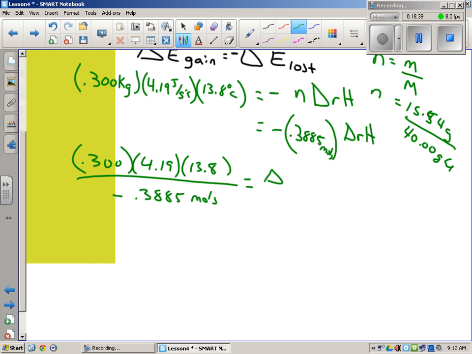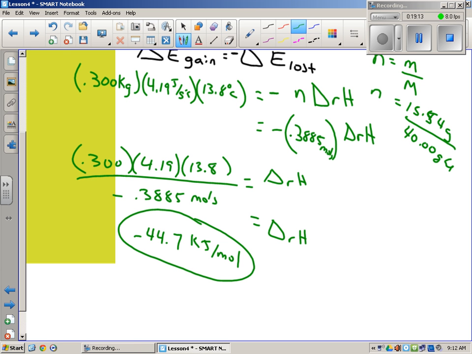Delta solH, solution H. Dividing those, times 4.19 times 13.8 divided by 0.3885, and I get a negative 44.7, we'll have to round it, kilojoules per mole.